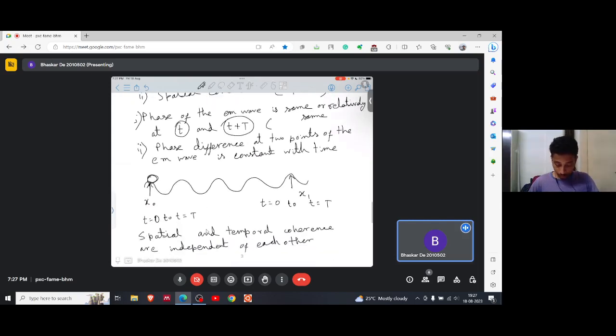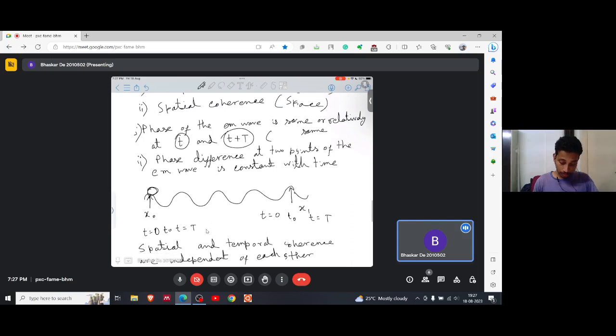By coherent in time I mean that the phase at x0 is same as the phase at x0 at t equal to capital T. So over time the phase at x0 is constant. But that should not mean that the spatial coherence will be there.